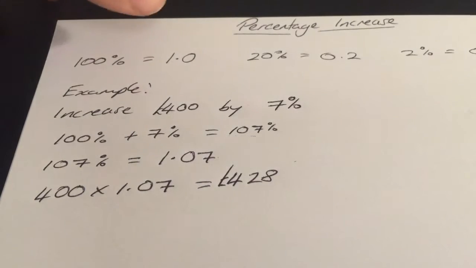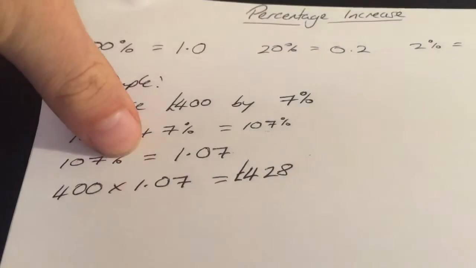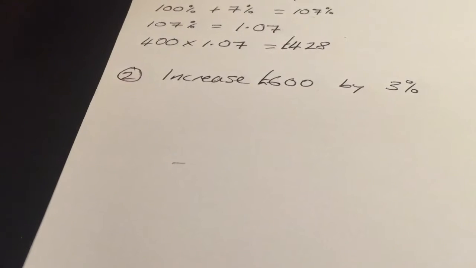Another couple of examples. I'm going to break it down a little bit quicker though each time. So that means we're taking 100%, we're adding 3% because we're getting 3% more, which is the same as saying 103%.